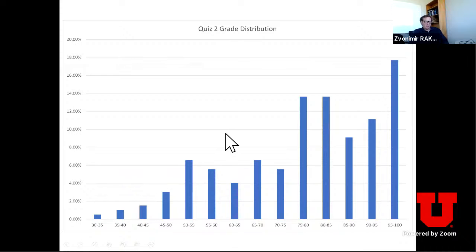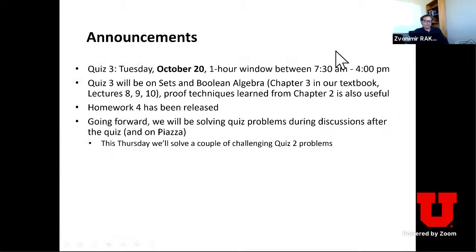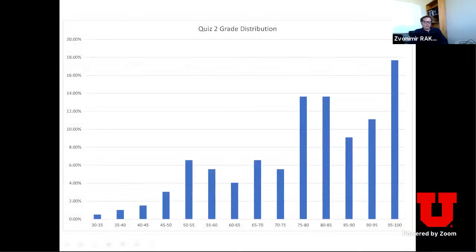So a little bit about quiz 2. I'm sure we've all seen grades are out. So this is the grade distribution for quiz 2. And note that, sorry about this, it's a little bit worse than quiz 1. Quiz 2 is typically, let's say, the hardest quiz in this class. But this is not bad.